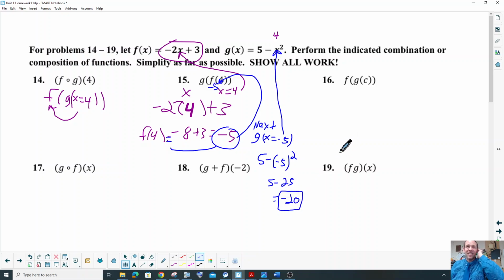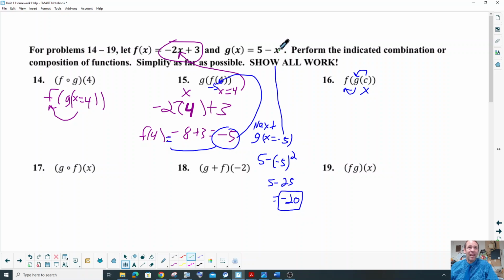Now 16 looks kind of freaky, but instead of an X, you'll notice that it's a C. All that means is you plug a C into G, get an answer, and then plug that into F. So go to G and plug a C in its place.